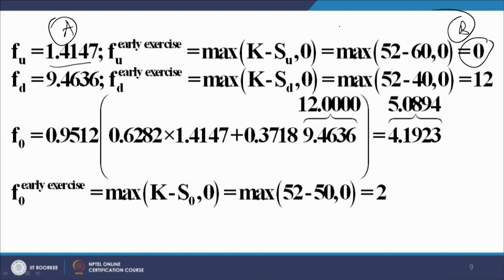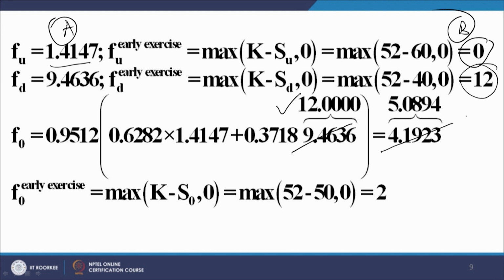Then we talk about F d. The computed value at F d is 9.4636. The exercise value is equal to 12. And in this case, you can see here that the computed value is lower, the payoff is higher, and therefore, for the next step we will carry the value of F d as 12 and not as 9.4636. So, this is shown here. This is replaced, 9.4636 is replaced by 12 and 4.1923 is replaced by 5.0894.